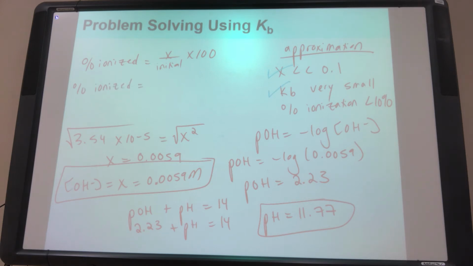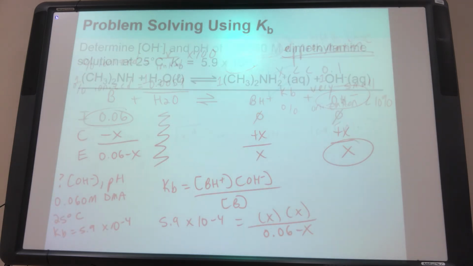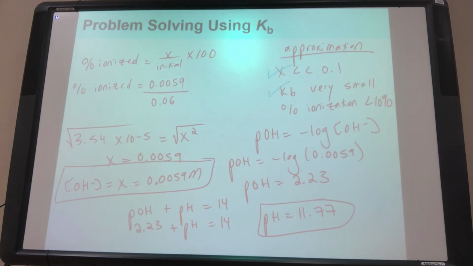So my x was 0.0059. My initial was the 0.06. So that's going to give me 9.83%. So it's close, but it's still under. So since it's still under, we're good, and we're sure that these are going to be my final answers.